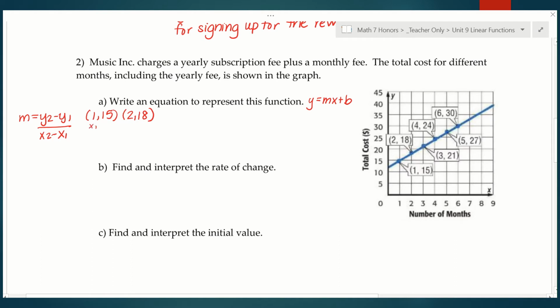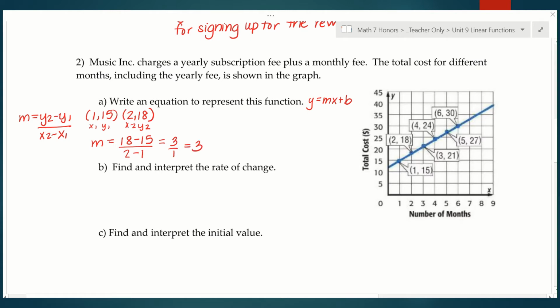So I'm going to treat this as my first, and this is my second. Okay, so when I do my slope formula, I'm going to have 18 minus 15 as the subtracting of my y's, and 2 minus 1 is the difference of my x's. So that gives me a slope of 3.